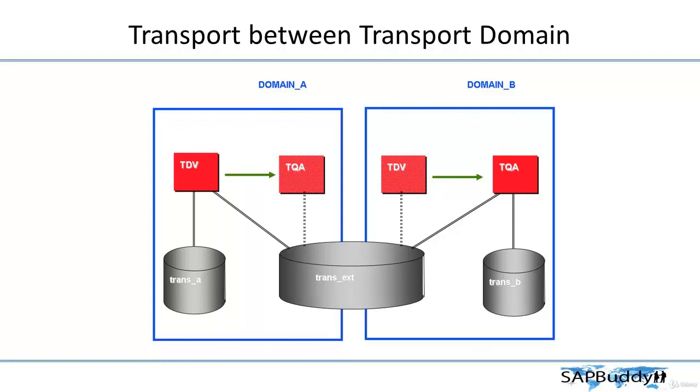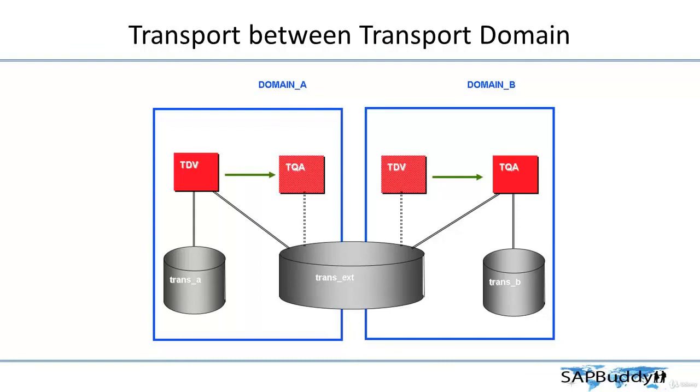That means you will link the domain controller of domain A, in our example TVD, to the domain controller of domain B, that is TQA. So these two links will be established between two domain controllers, which is called a domain link.